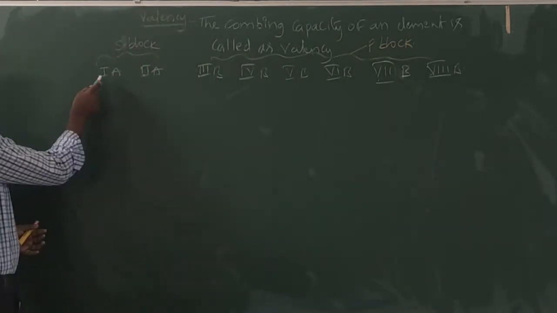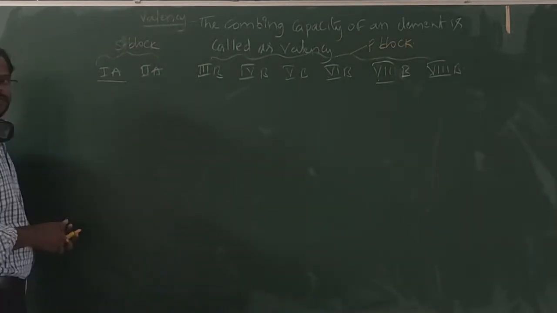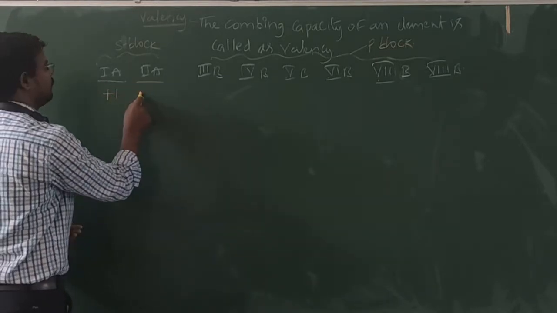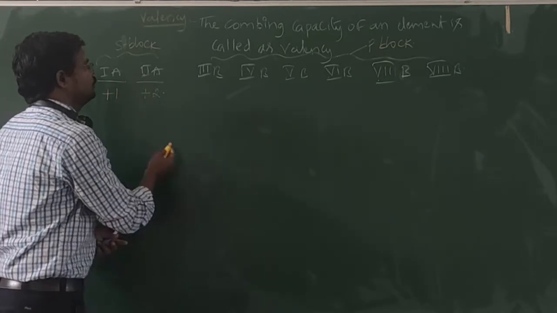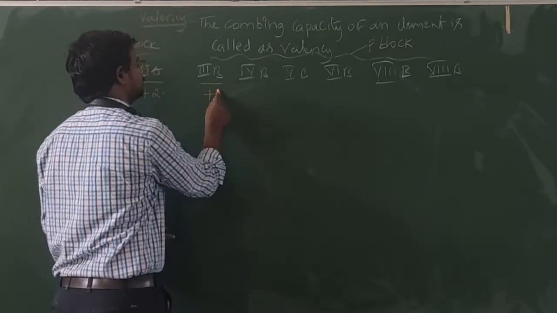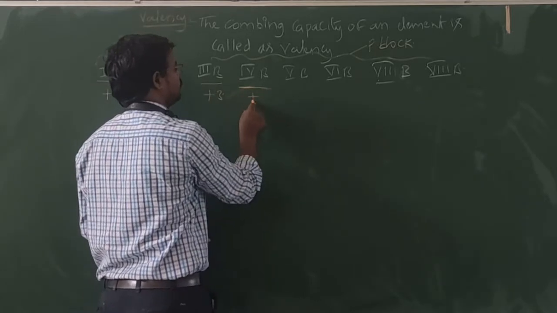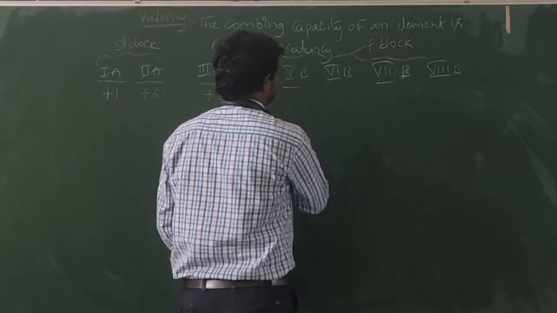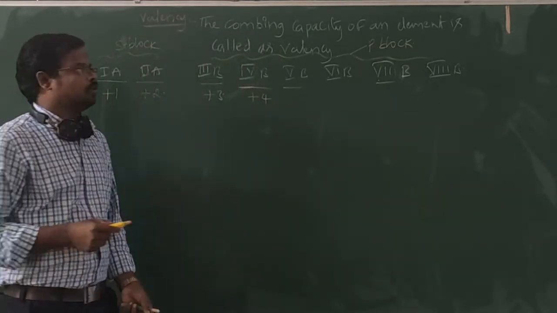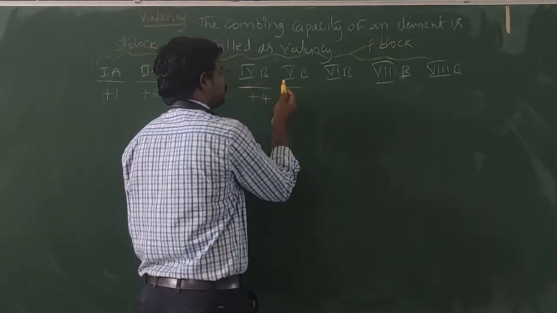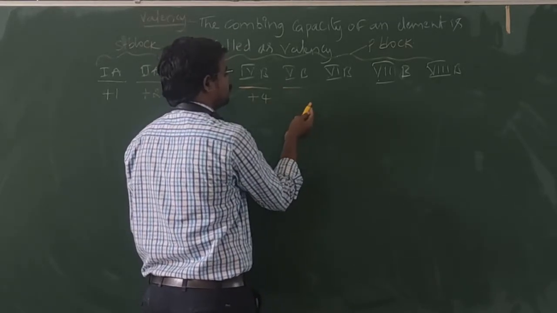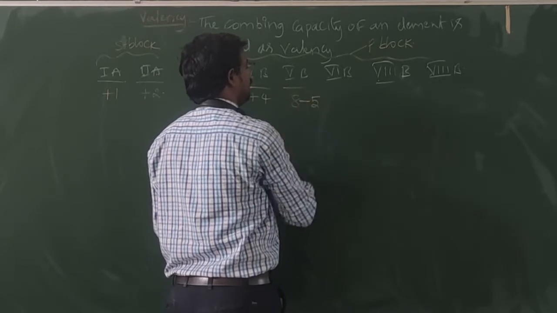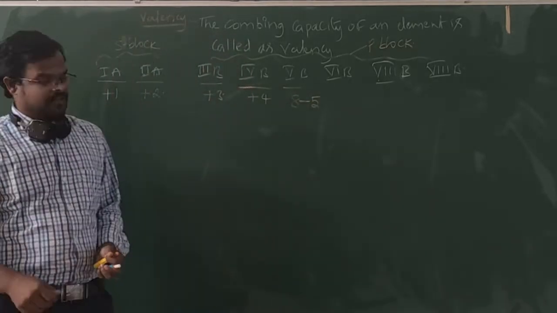Okay. So here the valency of the first group is +1, second group valency is +2, third group valency is +3, fourth group is +4, and from the fifth group to the eighth group, the valency is written as group number minus 8.